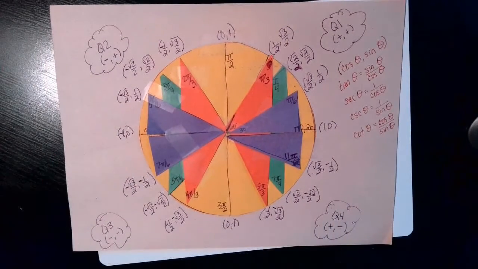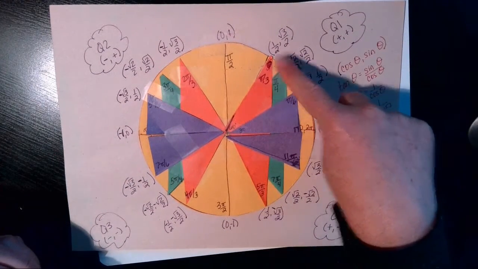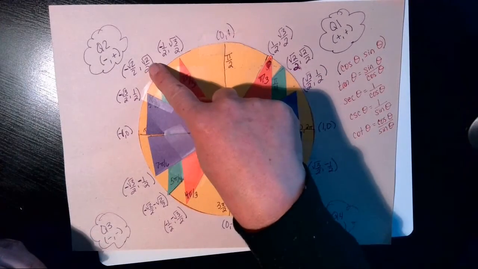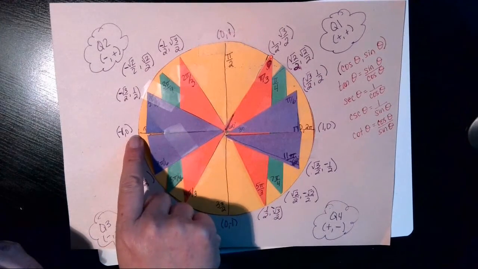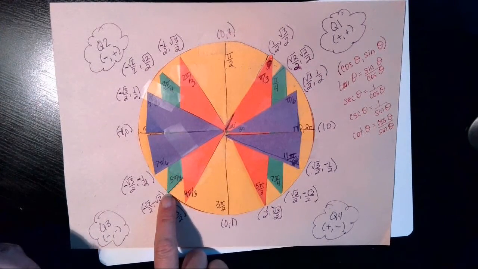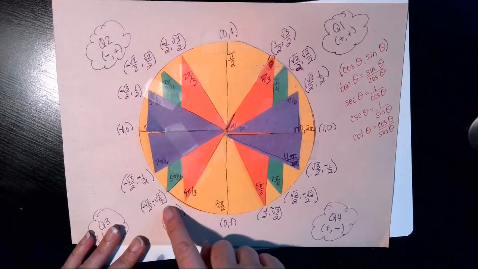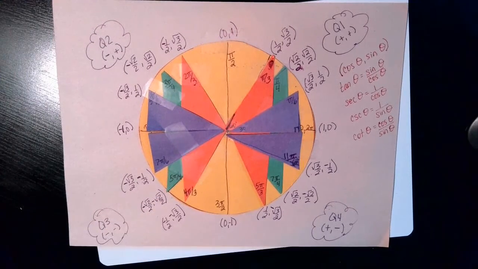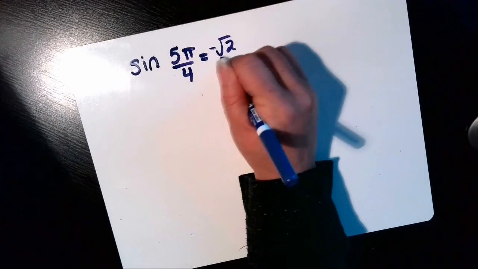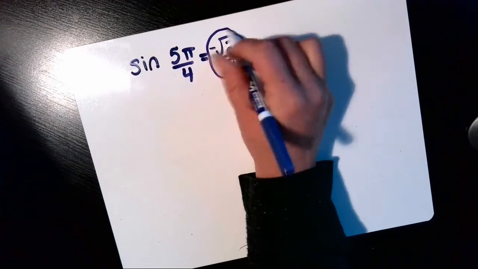So I look at my circle. The pi over 4s are the green. So this is 1 pi over 4, 2 pi over 4, 3 pi over 4, 4 pi over 4, and there's 5 pi over 4. The sine is the y coordinate, which is negative square root of 2 over 2, and that's the answer. Negative square root of 2 over 2.